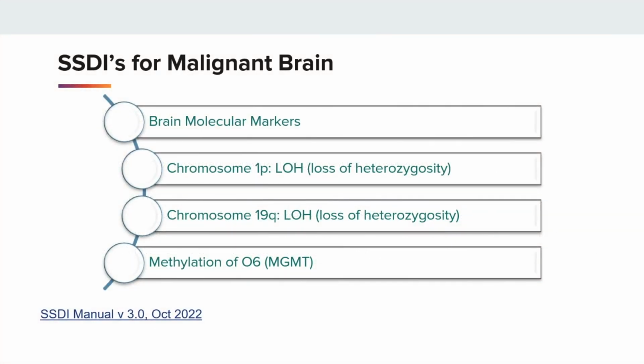So switching gears, let's talk about the SSDIs for malignant brain. There are 4 SSDIs: brain molecular markers, chromosome 1p loss of heterozygosity, chromosome 19q loss of heterozygosity, and methylation of O6-MGMT.